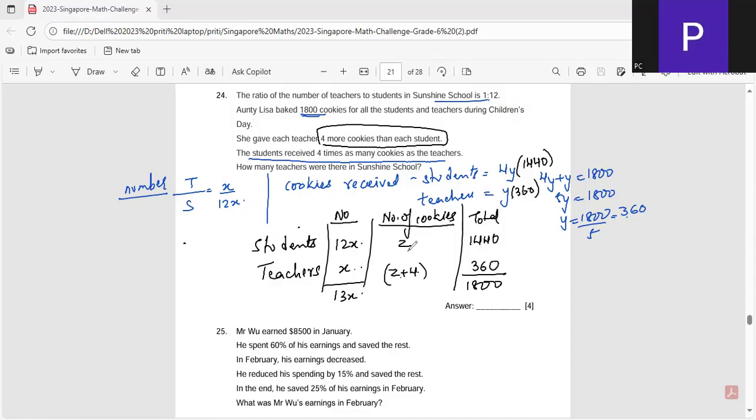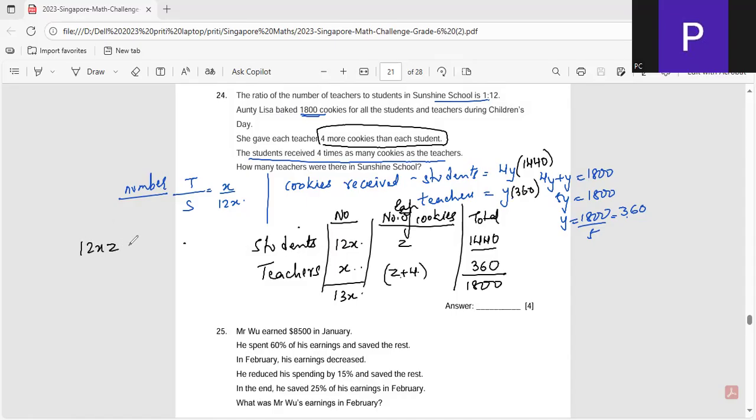The number of cookies each student is getting is z, so each teacher is getting z plus 4. The total number of cookies all the students are getting is 1,440, and all the teachers are getting 360. Since there are two variables involved, it's better to make a table. So now let's start the equation.